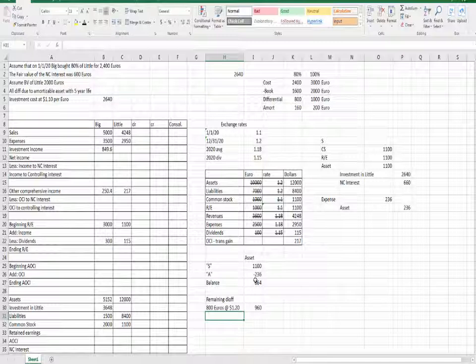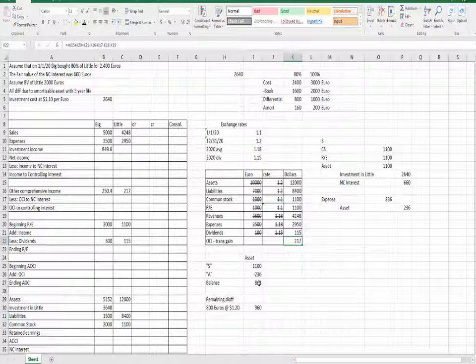Basically, we need to say, look, because euros have become more valuable, this differential has become more valuable. We have a translation gain not only on the reported trial balance of the subsidiary, we've also got a translation gain on the differential.